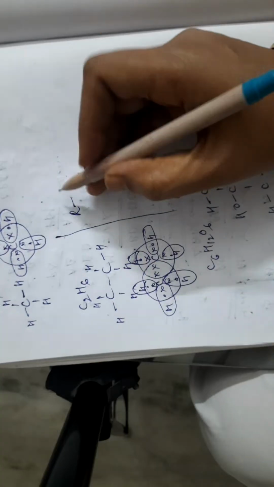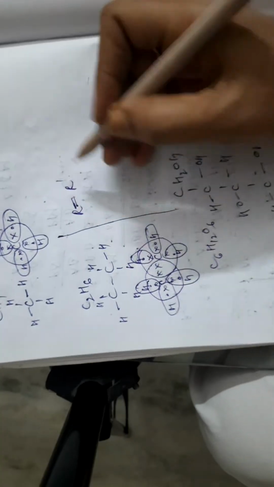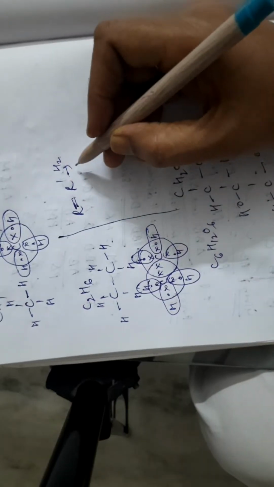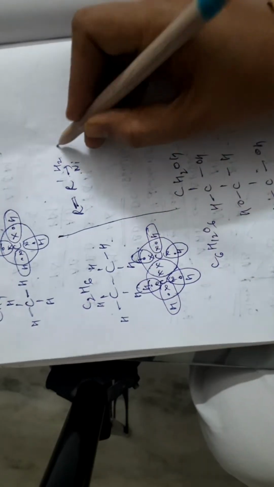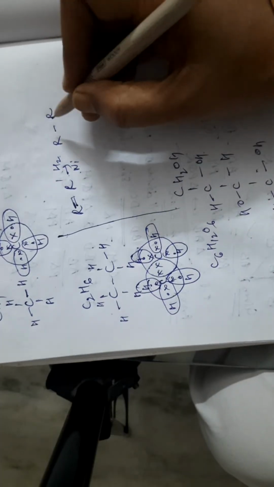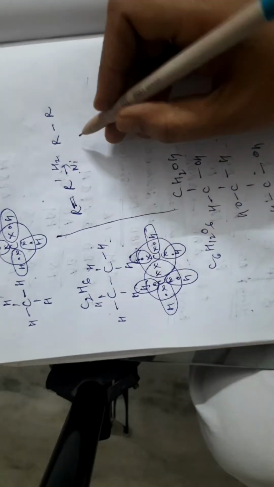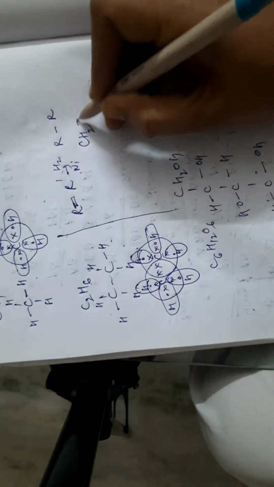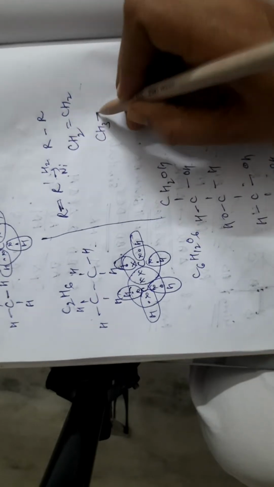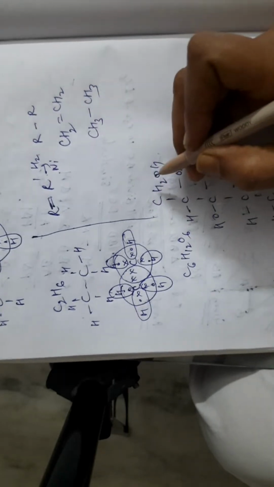Here R double bond R dash, any unsaturated hydrocarbon, if hydrogen is added in presence of nickel catalyst, it will get converted into saturated hydrocarbon with the addition of hydrogen. So here a double bond is there. For example, CH2 double bond CH2, ethene, will get converted into ethane by adding hydrogen.